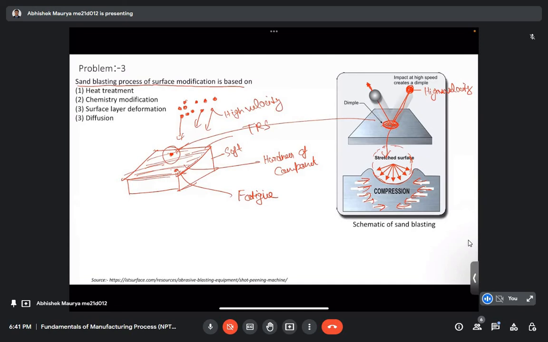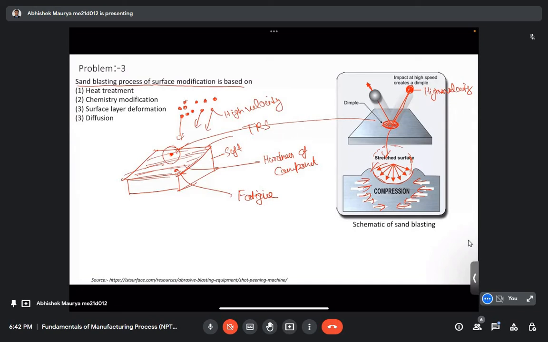To avoid that situation, we impart or induce compressive residual stress, and compressive residual stress helps reduce the tendency of distortion or crack formation or crack nucleation.